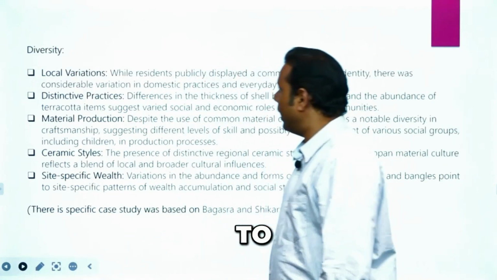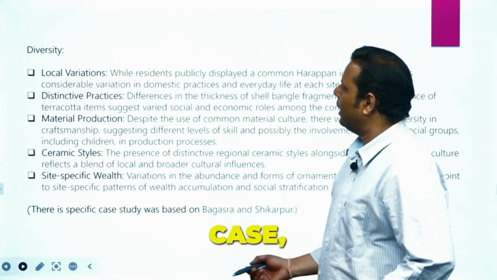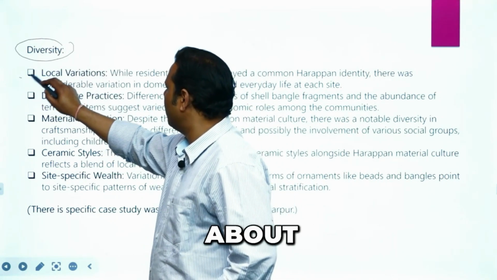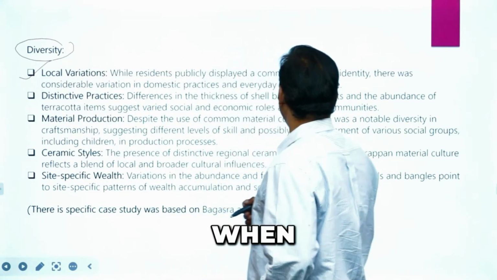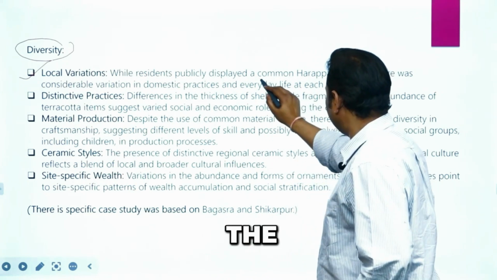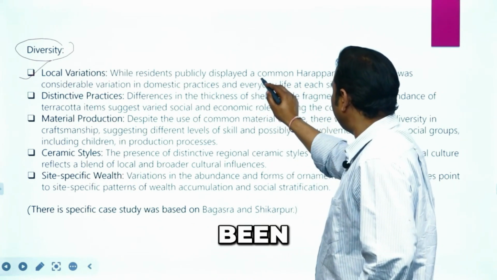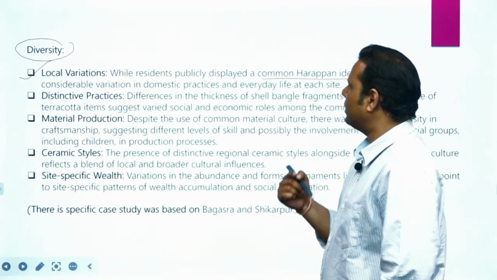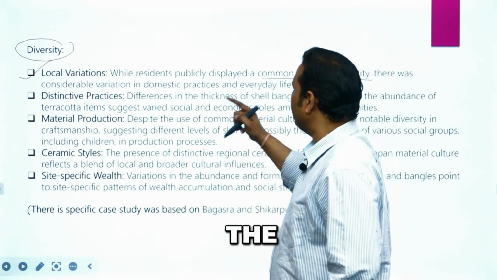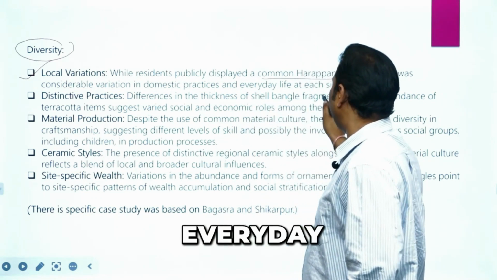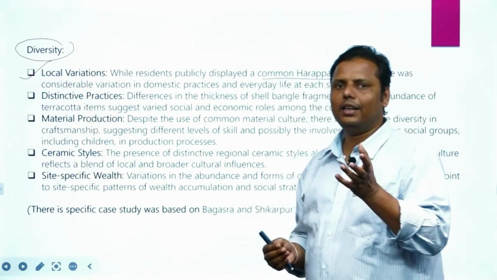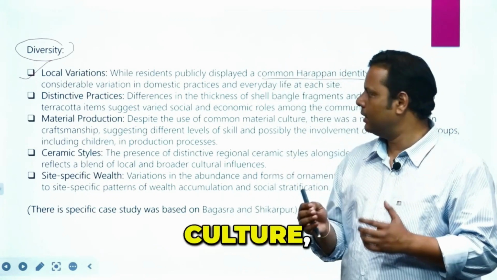When it comes to diversity, we can again talk about multiple points. First, local variations. Undoubtedly the Harappans showed a common identity, yet considerable variation in domestic practices and everyday life could be noticed. In every Harappan site, certain differences, specifically in their material culture, could be noticed.